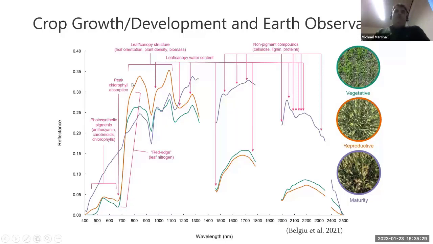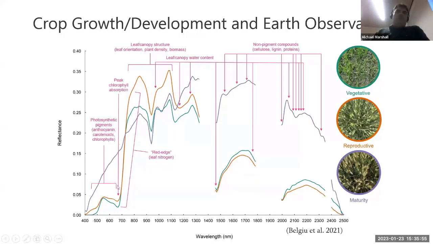Then you see what we call the near infrared plateau, from about 700 to about 1350 nanometers. This plateau is largely because of near infrared scatter due to the canopy. And you can see some nice deep valleys. These absorption features are due mostly to moisture, leaf or canopy moisture, sometimes soil moisture.